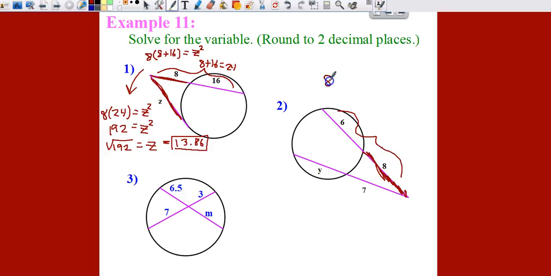So it's going to be 8 times 8 plus 6, that's going to be 14. And over here, the outer is 7. The whole is 7 plus y, so I'll say y plus 7.